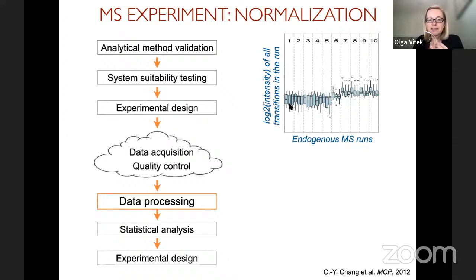Each time point has 3 replicate mass spectrometry runs. And so the y-axis summarizes in the box plots all the log intensities of every feature, every protein, every peptide in that run. And so what we see is that as time progresses, the intensity goes up, of all the proteins.